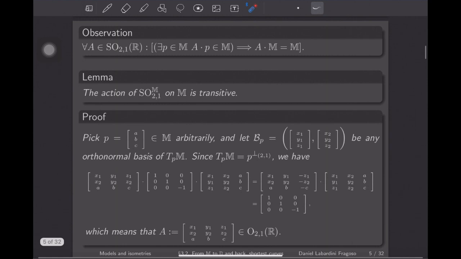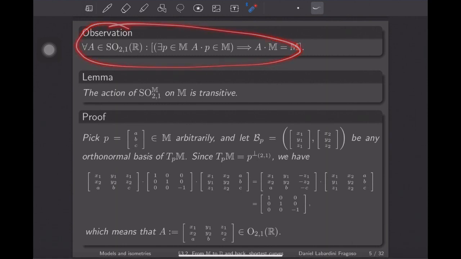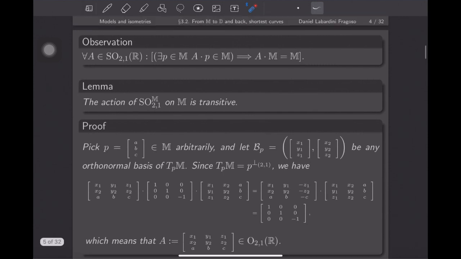Now I'm going to use this observation to prove that this one acts transitively on M, right? And this one, look, it's not this one. This one is the group of those matrices of determinant 1 that preserve Minkowski's form and preserve the hyperboloid bijectively.